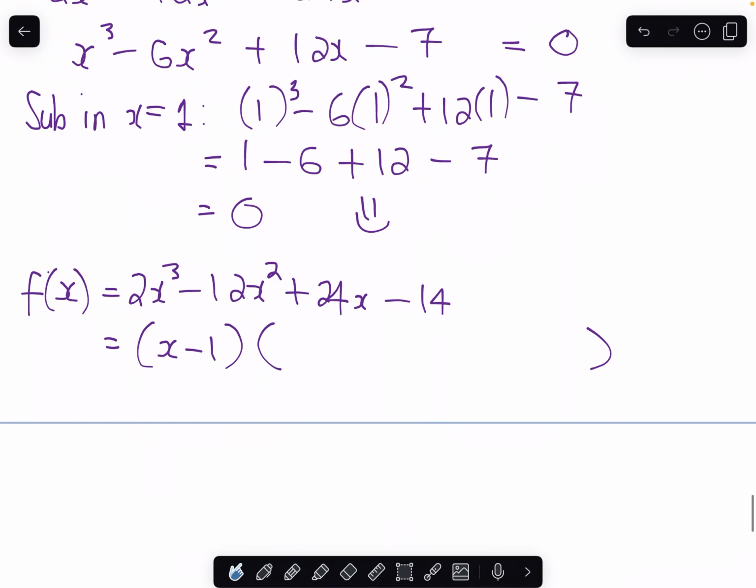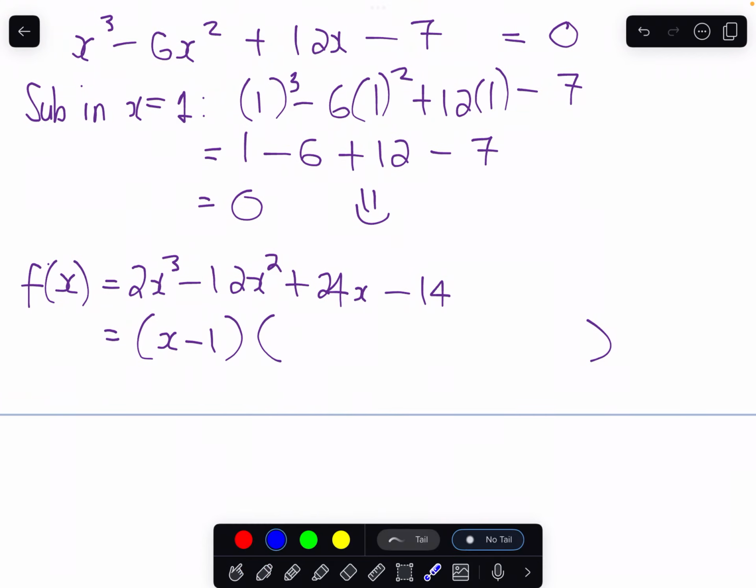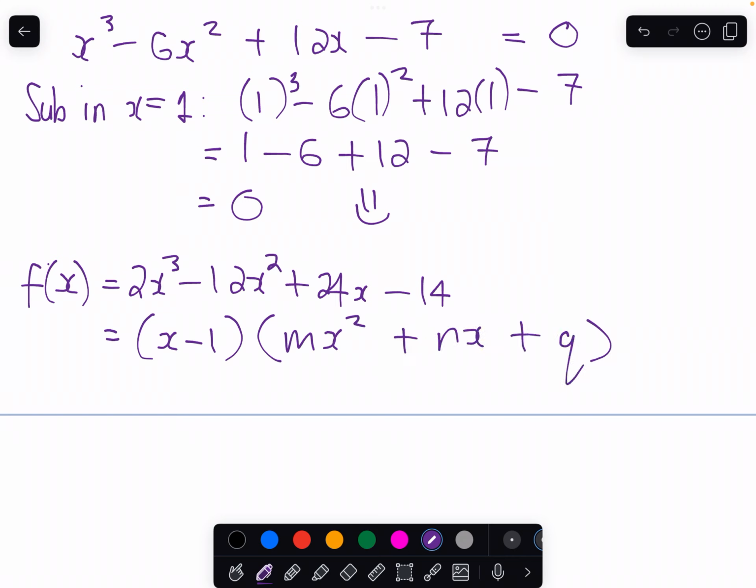Times something, and just for the sake of completion, we're going to figure out what the something is. So it's going to be times, let's not use the same letters, let's say mx squared plus nx plus q, right?